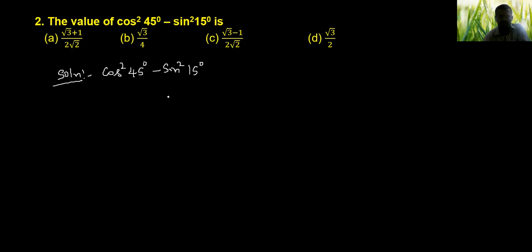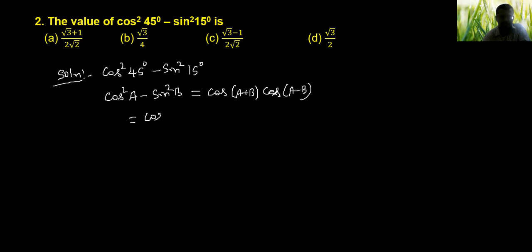Then simplify, you get the answer. But instead of that, we can go with another method, that is cos square A minus sin square B is equal to cos of A plus B into cos of A minus B.